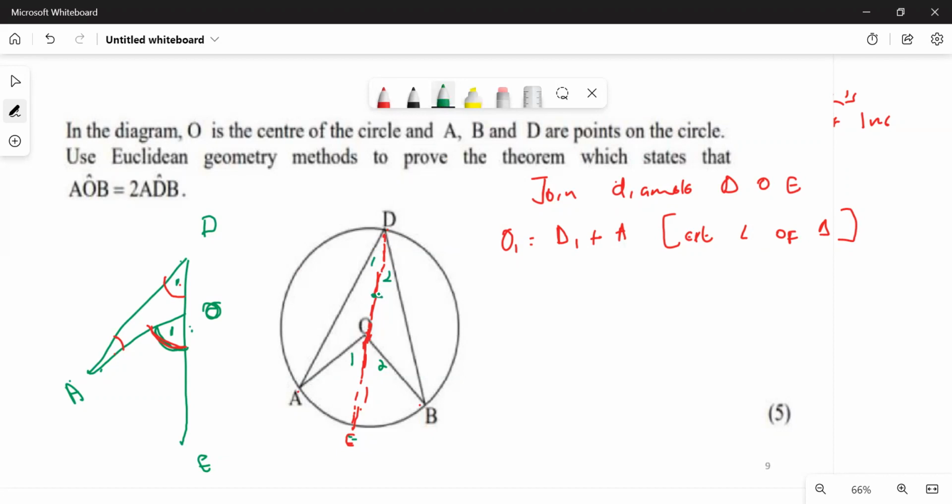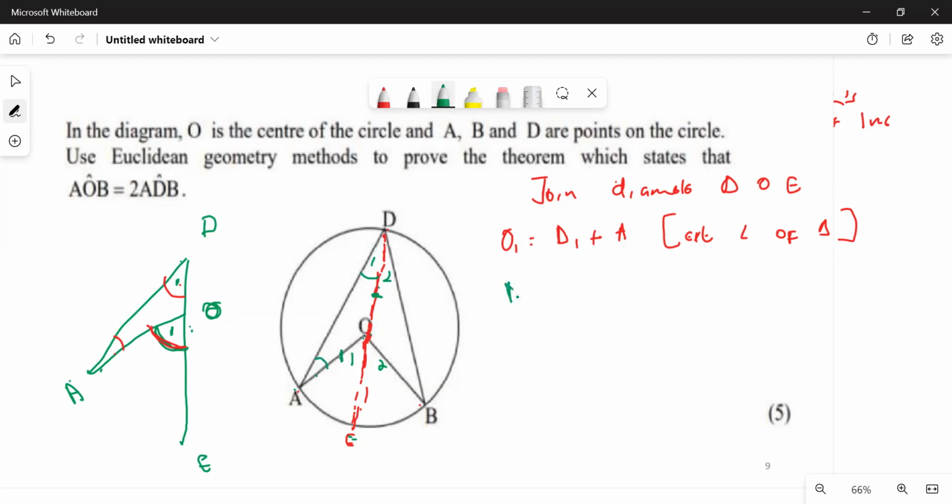Yeah, this one is a radius. What do you call OA then? It's a radius. So this one is a radius, and this one here is a radius. These two are equal. If you have a triangle with these two sides equal, what can you tell me? Yeah, so D1 is going to be equal to angle A.